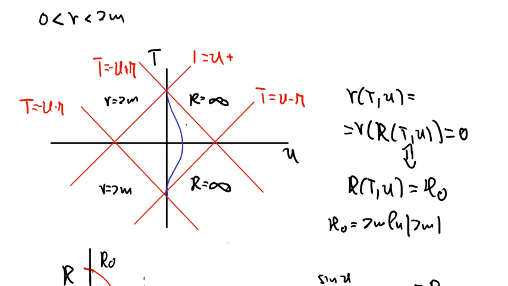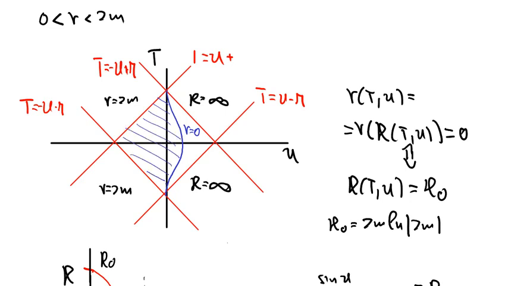This is just small r equal to 0. Since this is r equal to 2m and this is small r equal to 0, our space-time is now represented by this compact region.